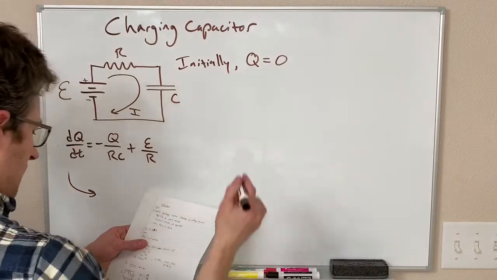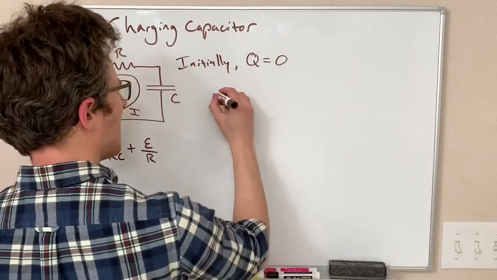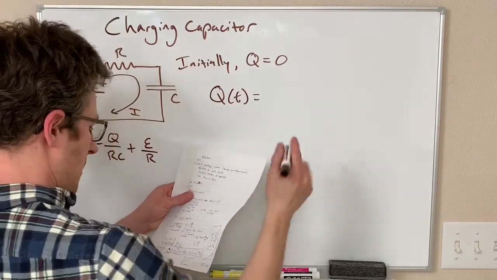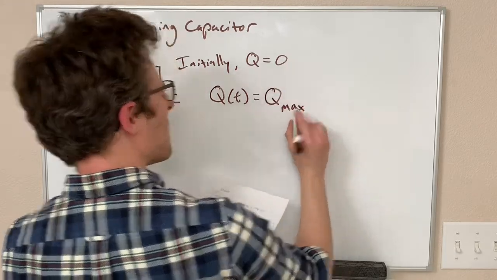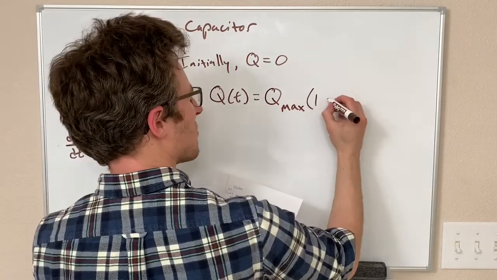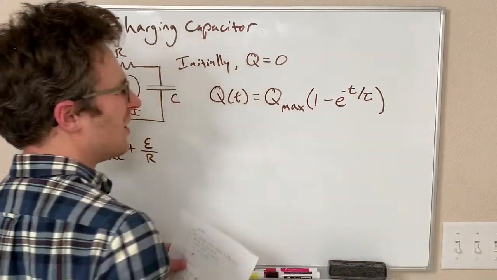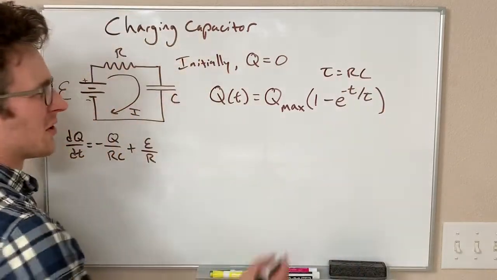Okay, so our charge as a function of time is equal to some maximum value of the charge times 1 minus e to the minus t over tau, where this is the same tau as before. Tau still equals RC.